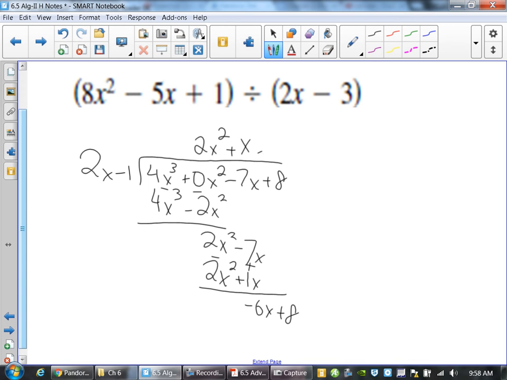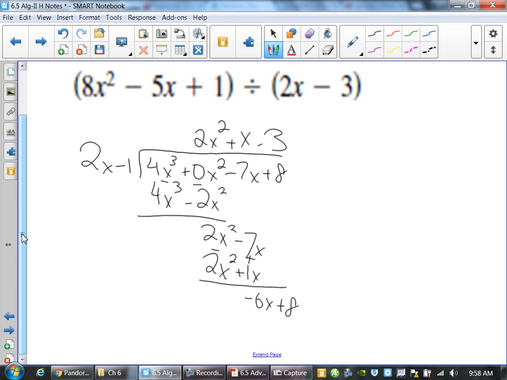And then a negative 3. Remainder of 5. You guys get a remainder of 5? Yes. Good. Wait, I use subtract. That should have been just x, not 2x.